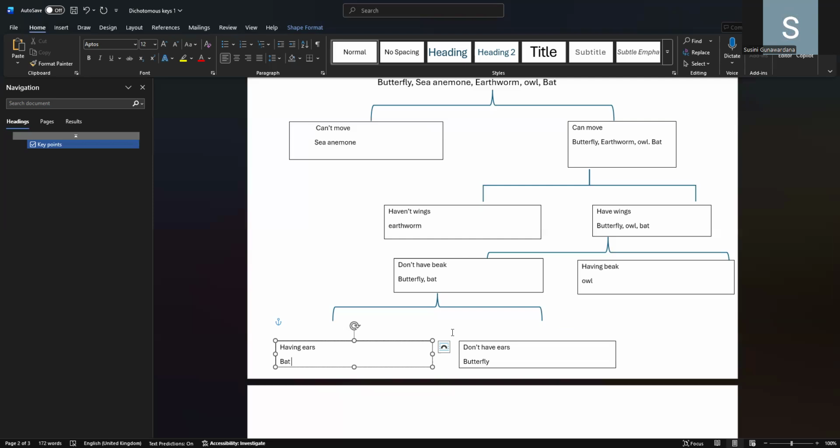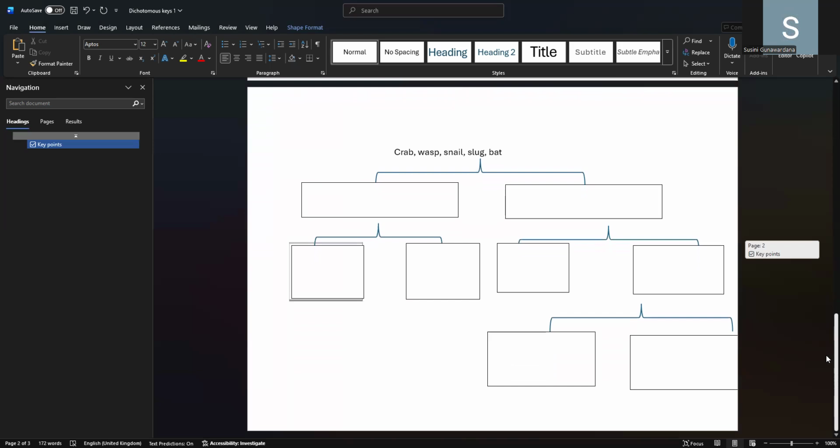Then have beak, don't have beak. And having ears and don't have ears. If you go through this, can you see I have taken opposite characteristics each time?